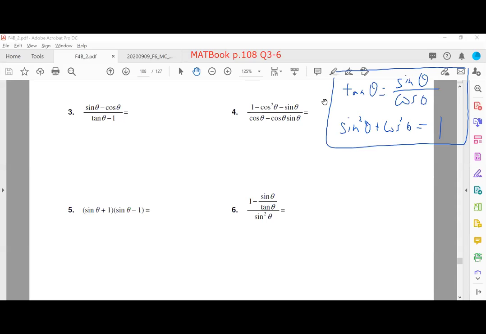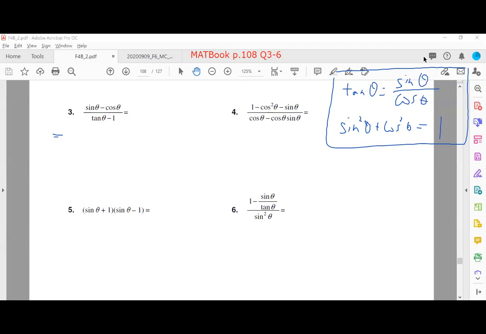So question number 3, we have sine theta minus cosine theta, and then divided by tangent theta minus 1. When we see tangent theta, normally we will attack the tangent theta first. We are going to use this identity to change the tangent theta to be sine theta over cosine theta.